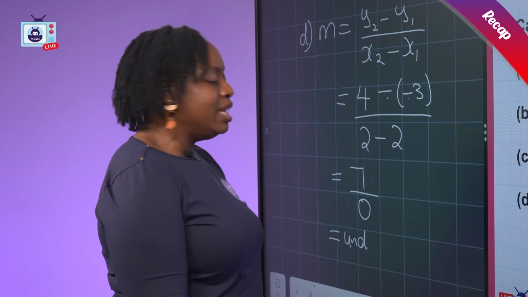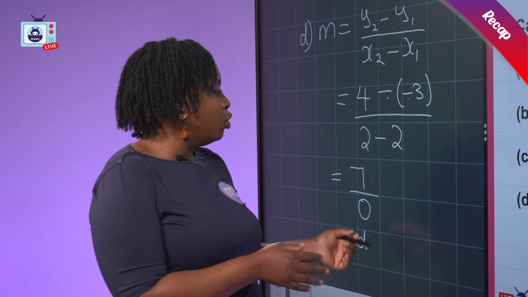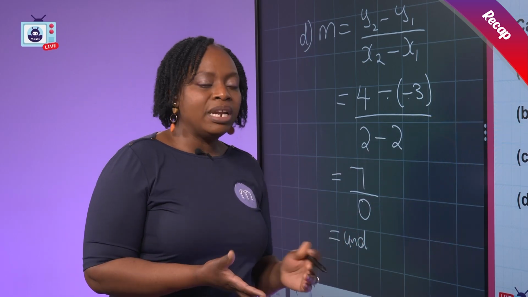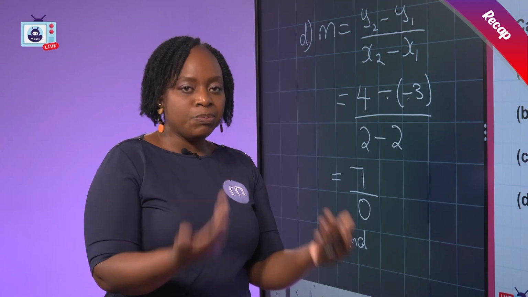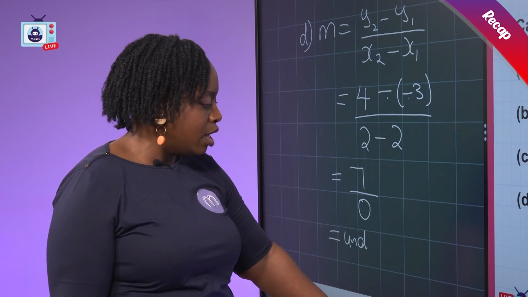Not an error. Even if your calculator is giving you error, do not write your answer as error. So you just have to know, if I have a number that I'm dividing by 0, or a variable, an equation, or an expression divided by 0, that particular answer will be undefined. And that is very crucial for you to know and remember.